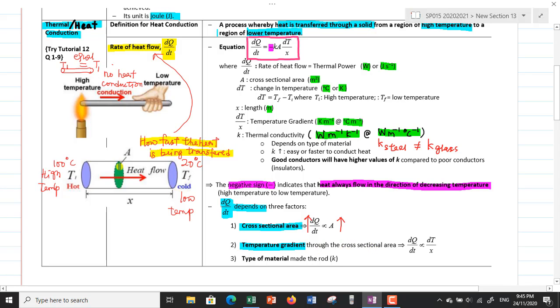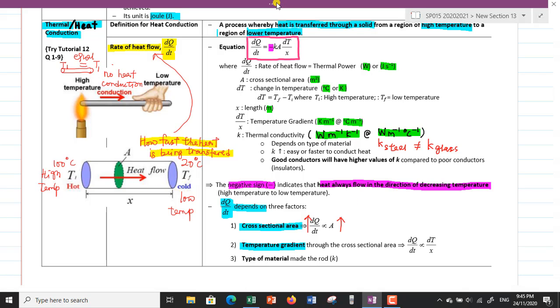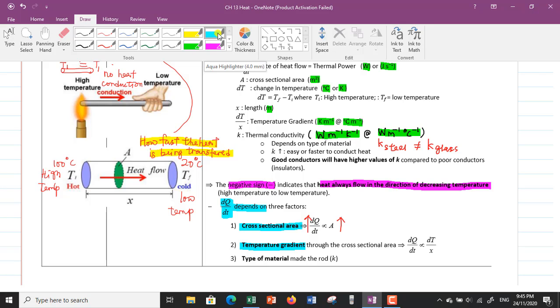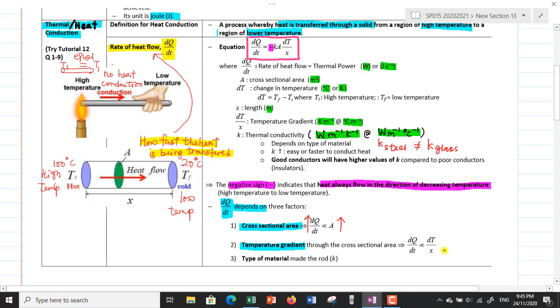If the difference in temperature against the distance is large, the temperature gradient is large, then the rate of heat flow also becomes large. The last one depends on the type of material, meaning the value of K. If K is large, our rate of heat flow also becomes faster.